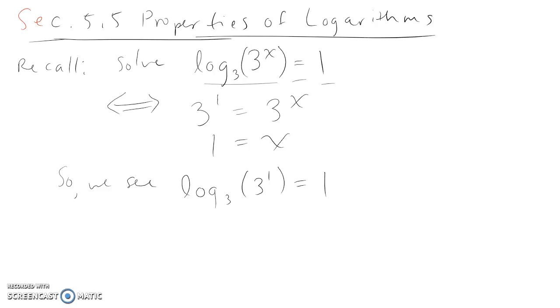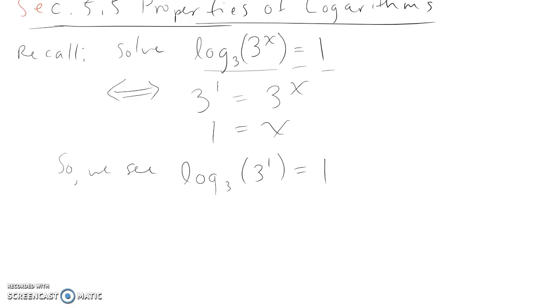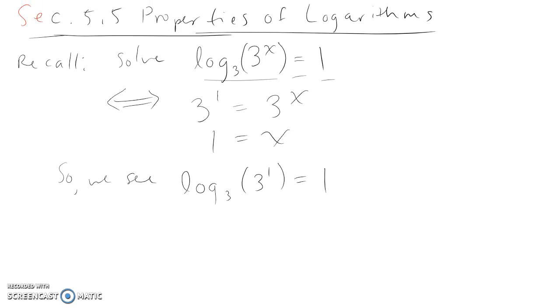Why? Well, what's actually happening is that we're composing the logarithm and the exponent. We're composing two inverse functions. Let's look at it more generally. Let's say instead of base 3, we have log base a of a to the x, and it equals x, and we want to know what x is.